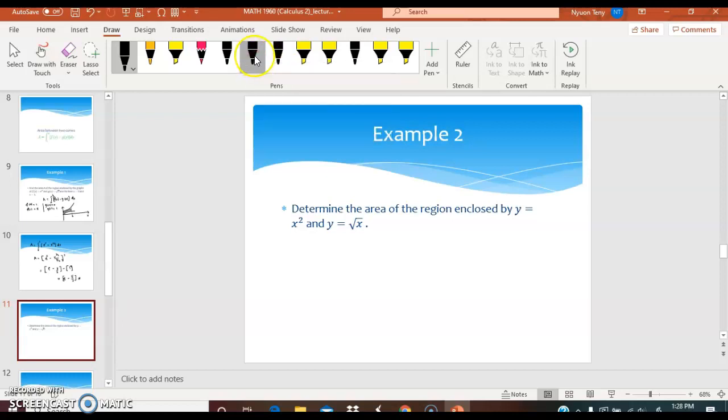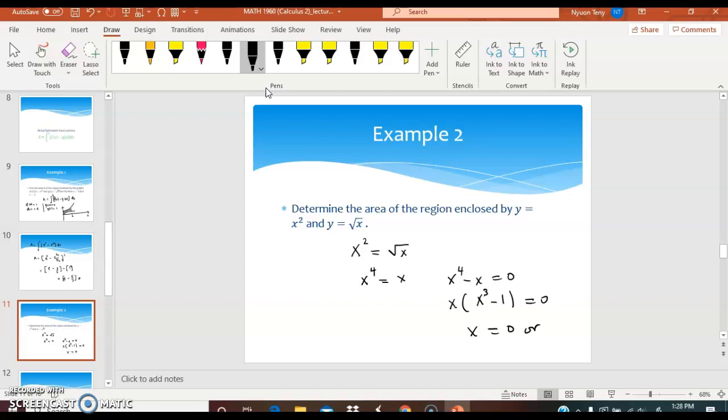Here I have x squared equals square root of x, so x to the fourth equals x. To find the value of x, x cubed minus 1 equals 0, so x is equal to 0 or x equals 1. These are the points of intersection.